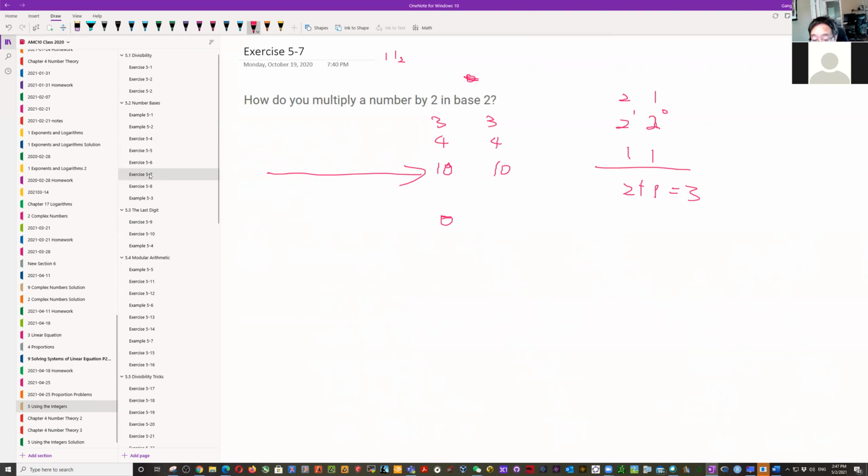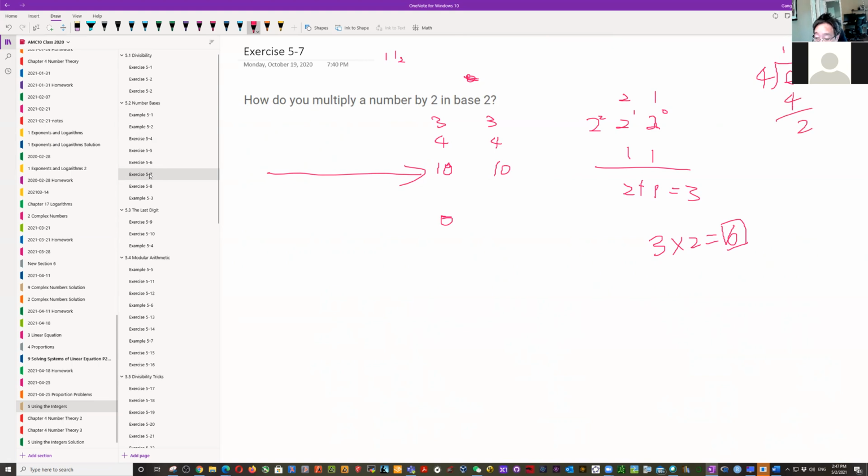If you multiply by 2, 3 multiplied by 2 equals 6. So let's convert 6 into base 2. Basically, 6 divided by 4, which is 2 to the second power, you get 1.